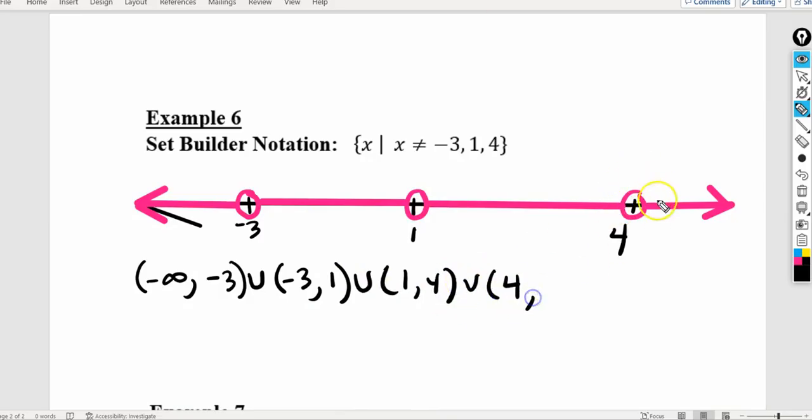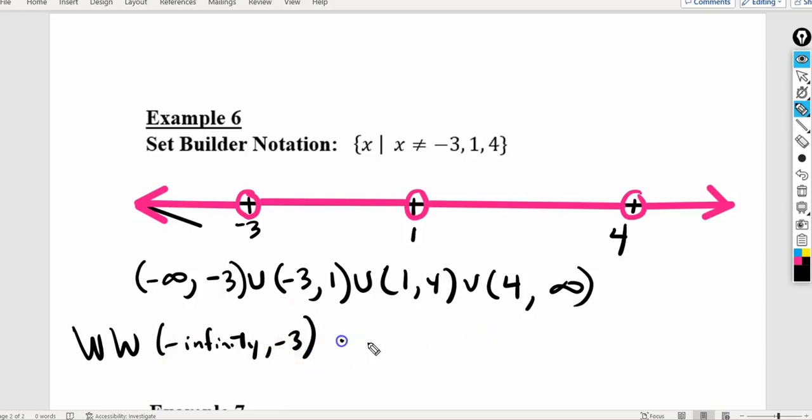And then I want everything to the right of 4. And then, of course, in WebWork, you just have to write in the word infinity. Okay, and then you would just copy that.